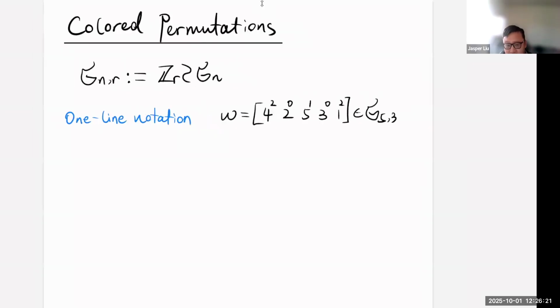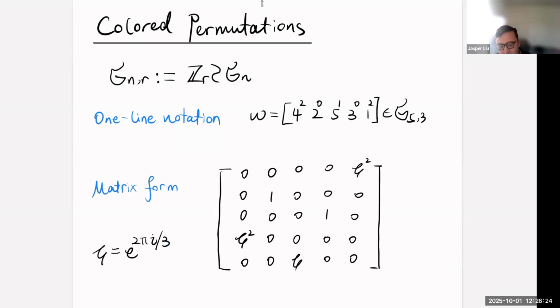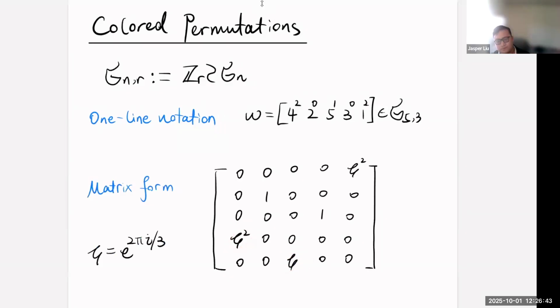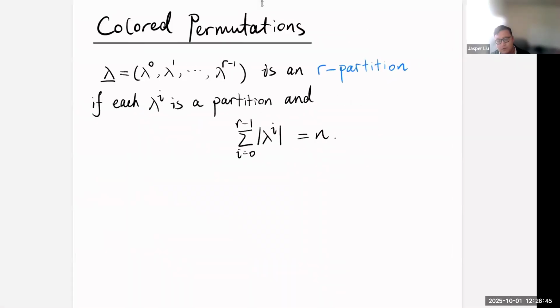But more, we can also view them in matrix form. So they can be viewed as n by n complex matrices with exactly one non-zero entry in each row and each column, and each non-zero entry is an Rth root of unity. In here, it's a third root of unity. To study these colored permutations, we need to understand their irreducible representations and conjugacy classes.